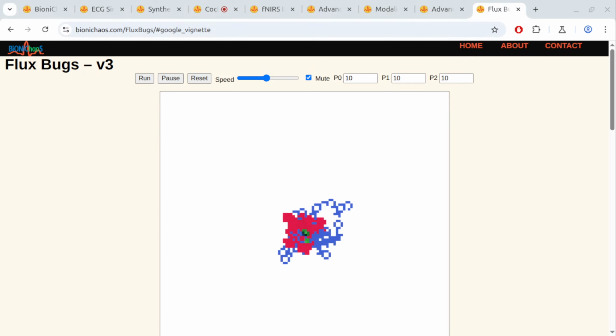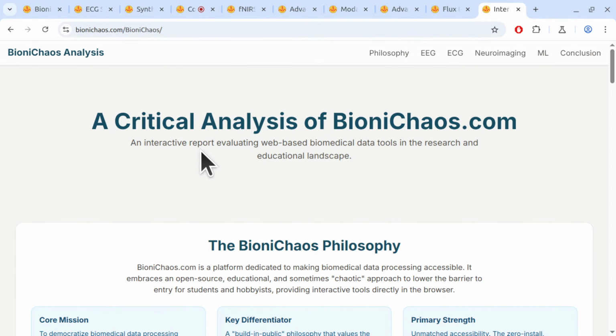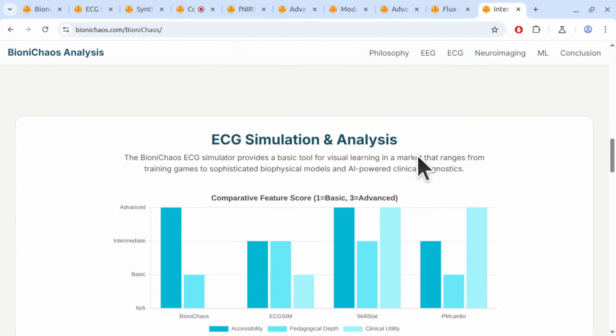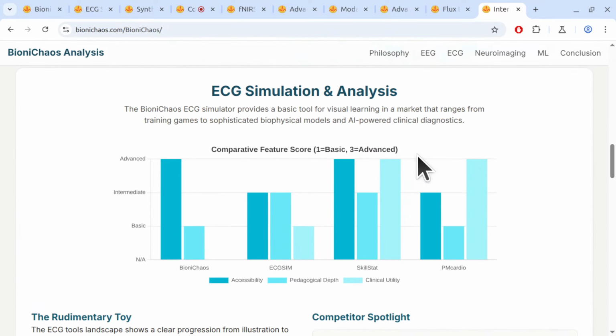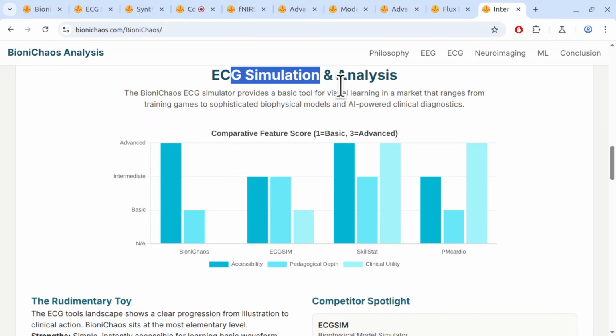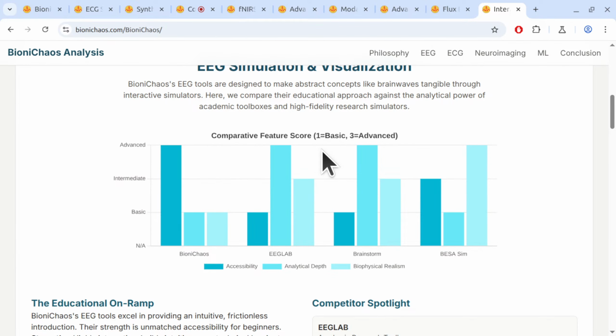What else we've got? Got this chaos. This one is actually pretty elaborate. It's comparing Bionic Chaos to other similar resources. So in terms of EEG, it's comparing Bionic Chaos to EEGLAB. Thank you for the comparison. A brainstorm-based simulation, what else does it tell you?